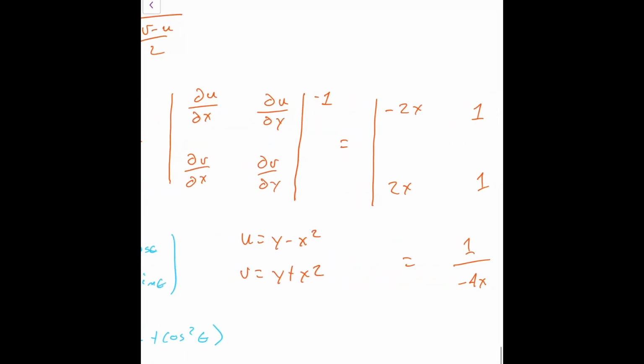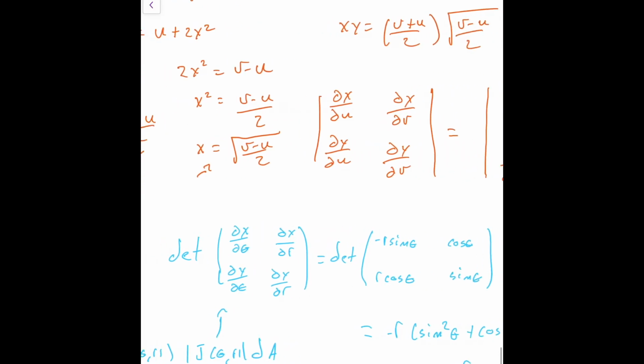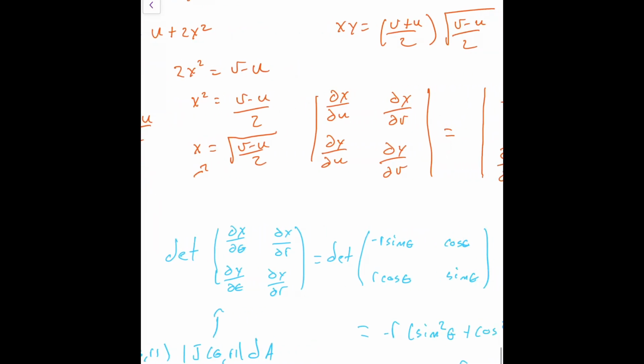And the partial derivative of v with respect to y is equal to 1. Okay, and so the determinant of this is minus 4x. So this is 1 over minus 4x because of the minus 1 here. Okay, but remember x, where did x go? X is just equal to this.